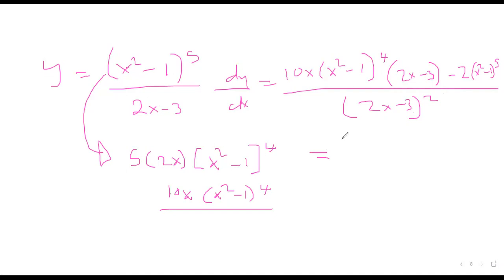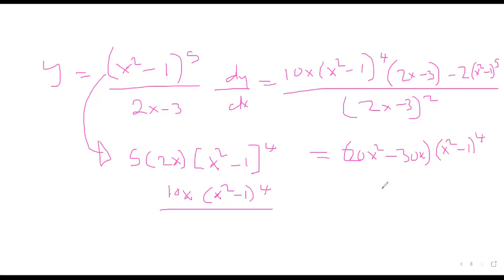So here we're going to have what? 10x times 2x, that is 20x squared. Then 10x times that one, what we get? 30x. Then this one will remain as it is, x squared minus 1 to the power 4.